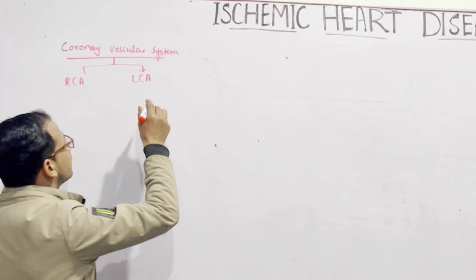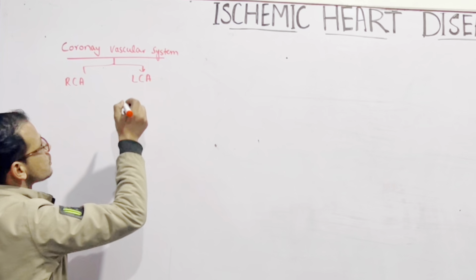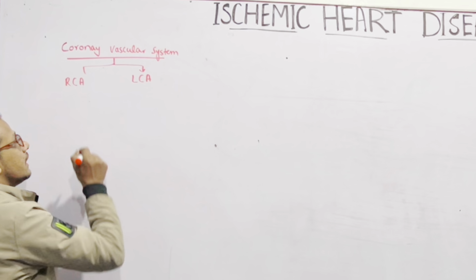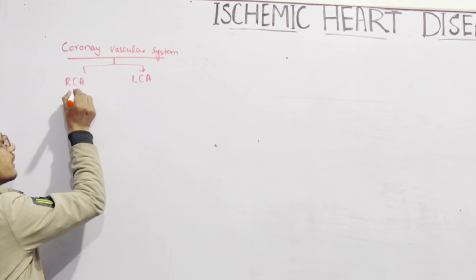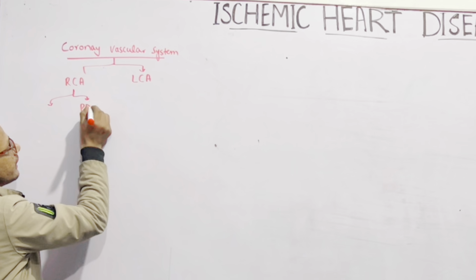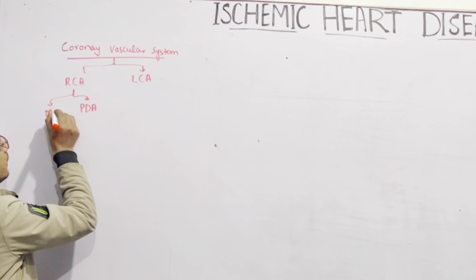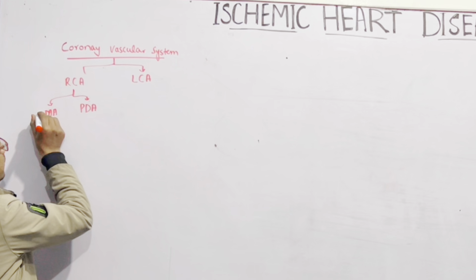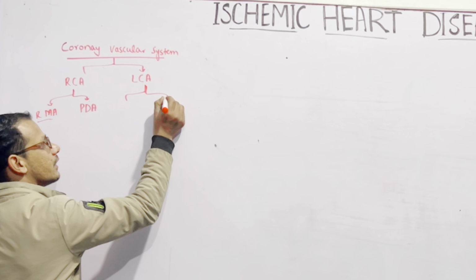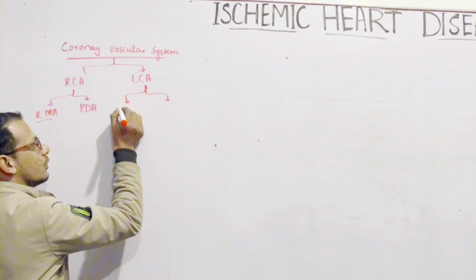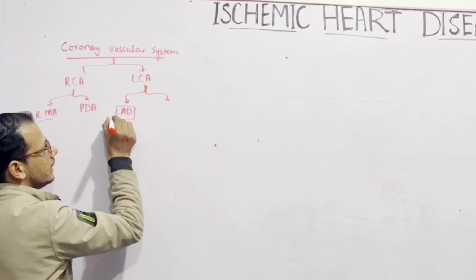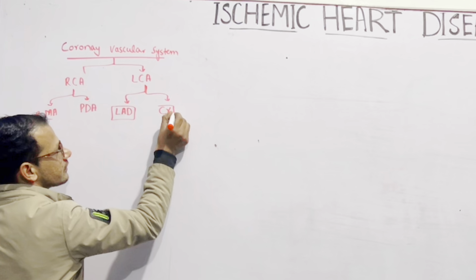Collectively, this whole circulation is called the coronary vascular system or coronary vascular circulation. The right coronary artery has the important posterior descending artery and the right marginal artery. The left coronary artery has two important divisions: the left anterior descending artery, LAD, and the circumflex artery.